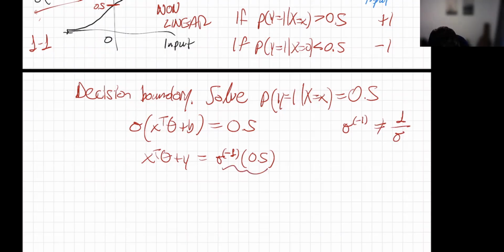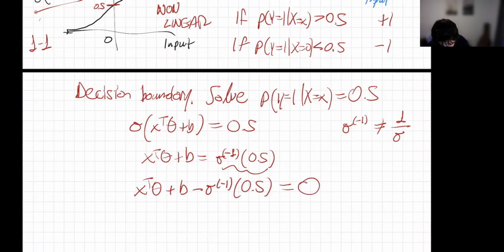This is a constant, and I can just take everything to the left hand side. This was a b and this was a b, and I'm bringing this constant to the left hand side. Equals 0. What is this? This is a hyperplane.